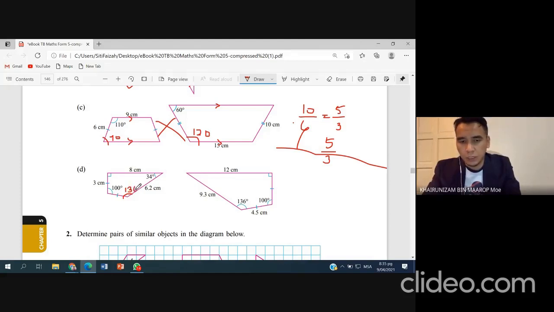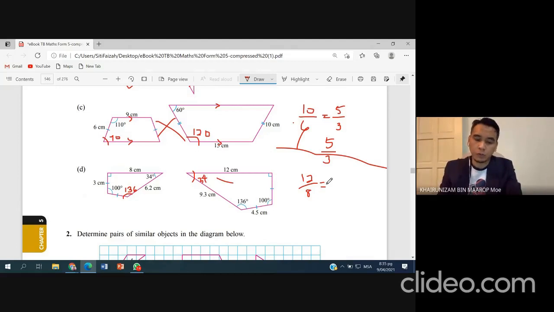Okay, same as this shape. So that means here is 34. Now we look at the sides. Okay, 12 equal to 8. So 12 divided by 8, we get 1.5.